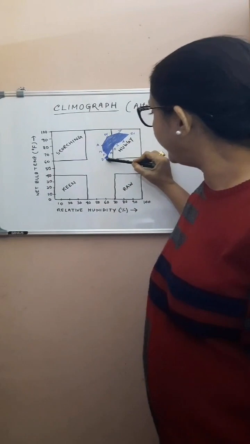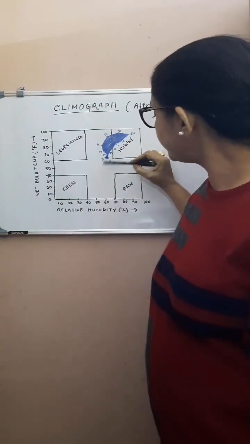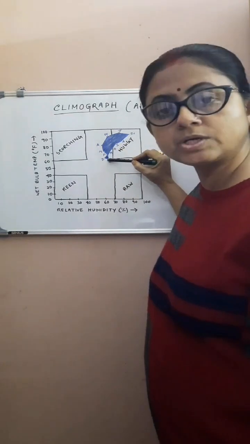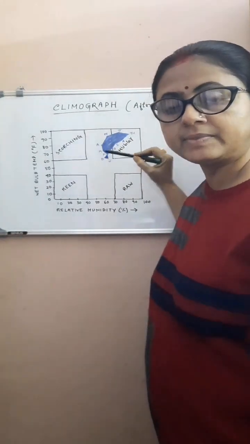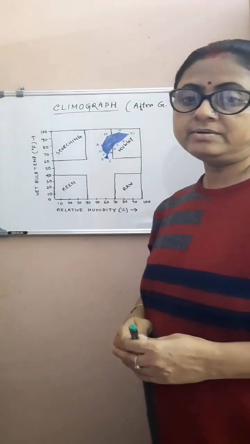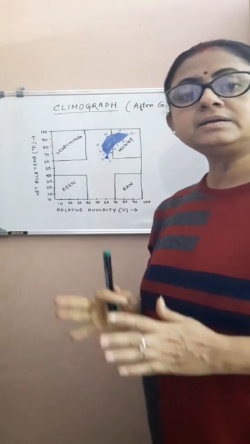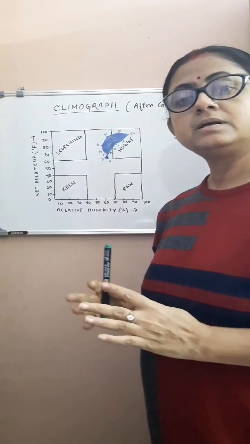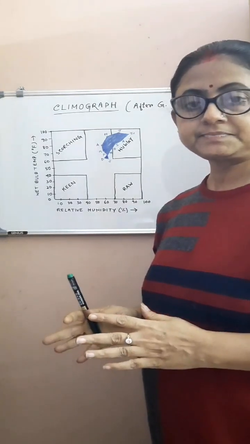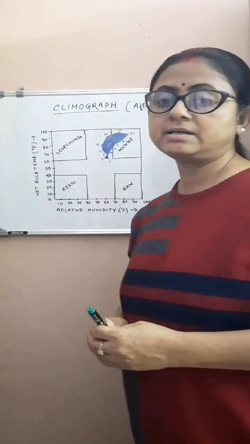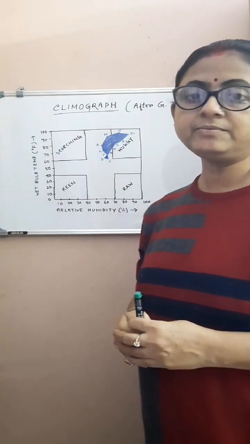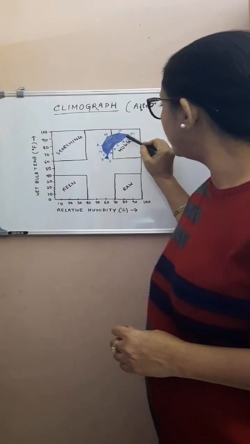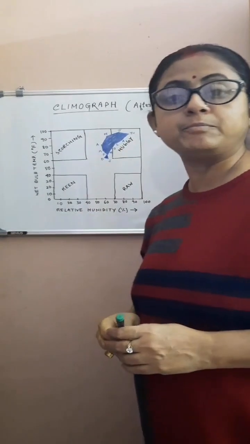Here this is the point where these 2 climatic elements intersect each other at right angle. In such a manner, we can draw the other 11 points that represent the other 11 months and we can get a fine climograph after joining the 12 points that represent the 12 months.